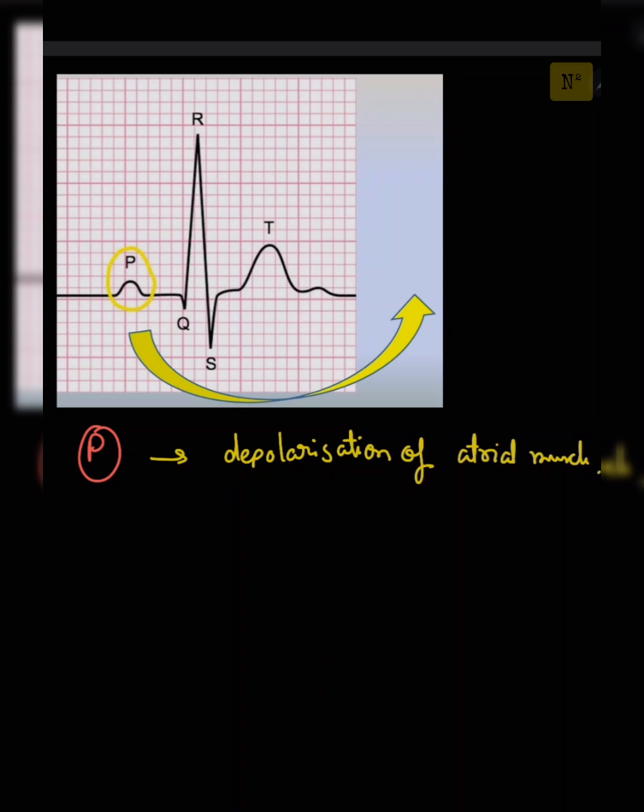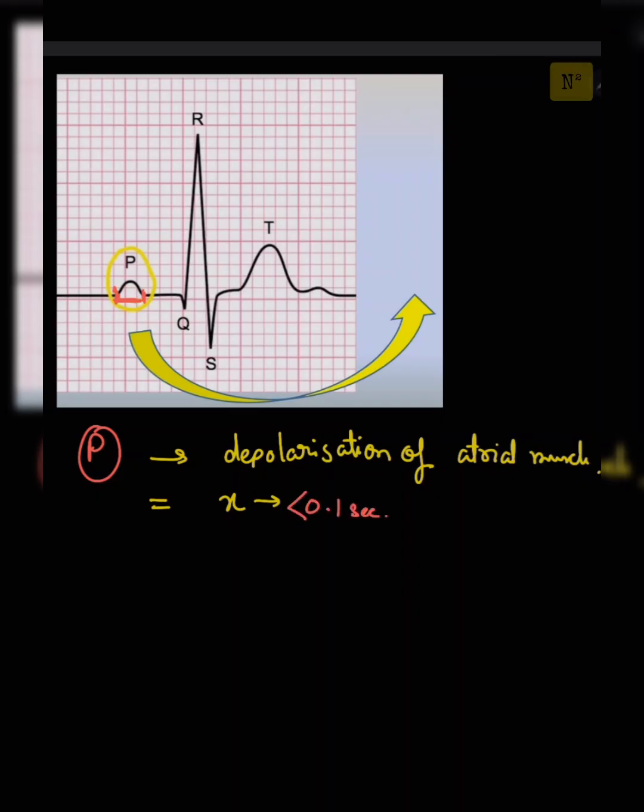Usually, in a person with normal cardiac functioning, the duration on the x-axis, the time it takes to travel from one point of the curve to the other, is less than 0.1 seconds.